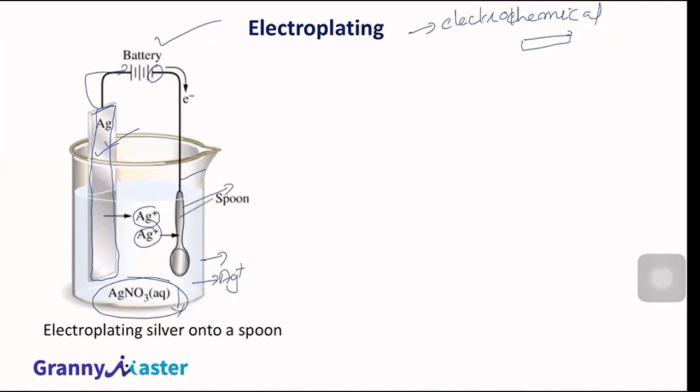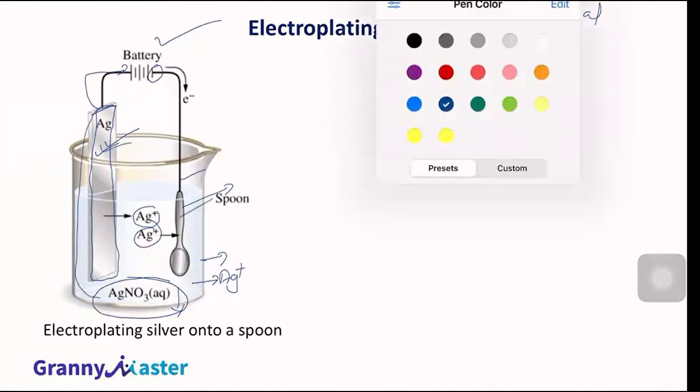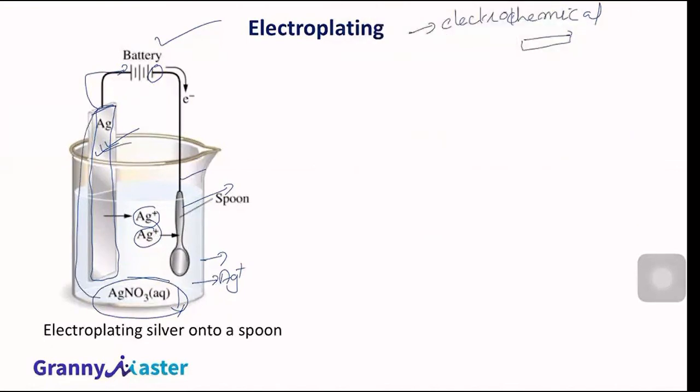Once we apply a sufficient amount of electricity, the silver atoms present in this silver rod or silver sheet will undergo oxidation. How? It will release one electron.